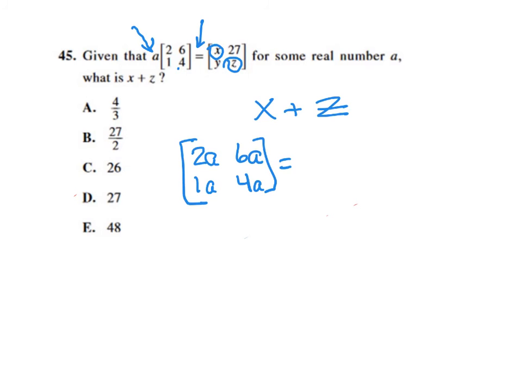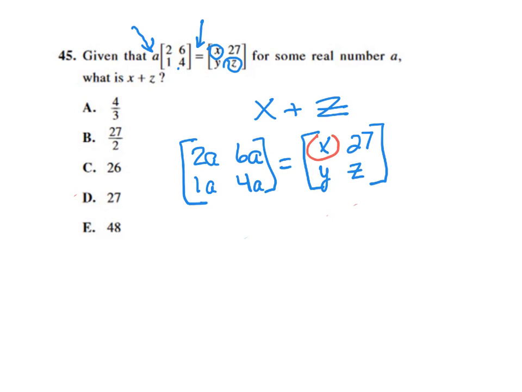And that equals my other matrix, X, 27, Y, and Z. And those two matrices are equal to each other.